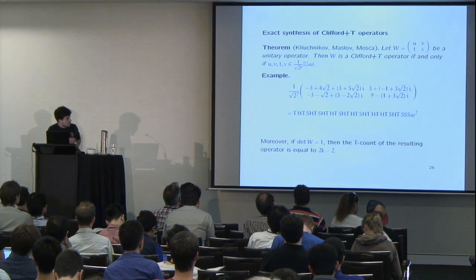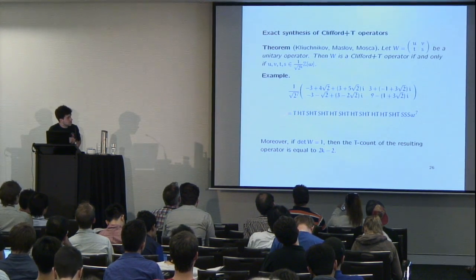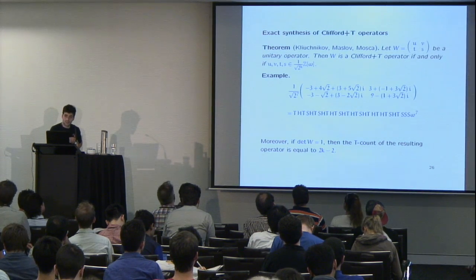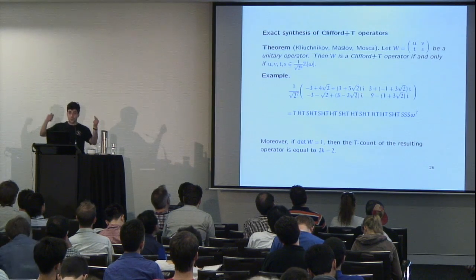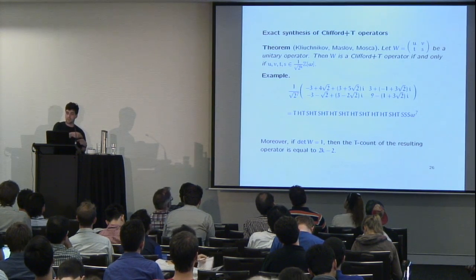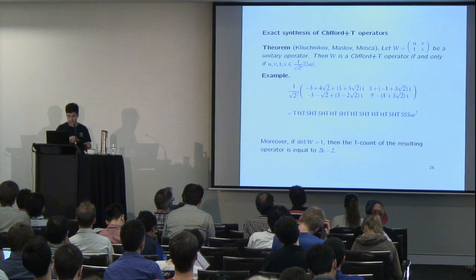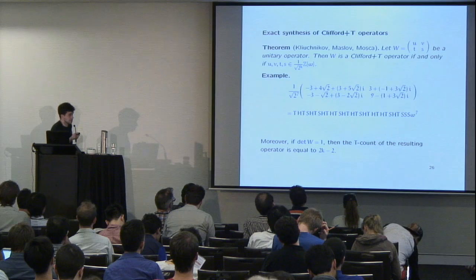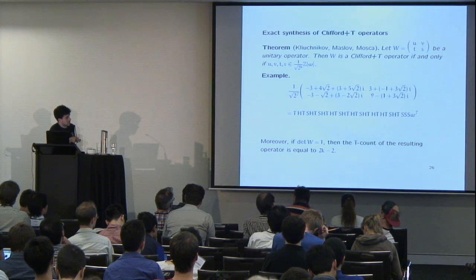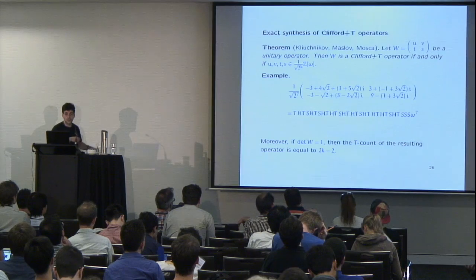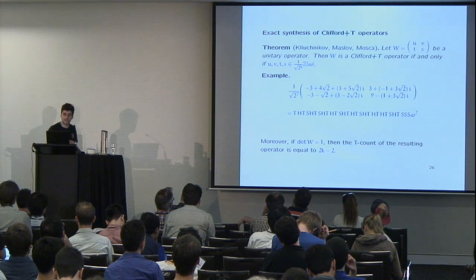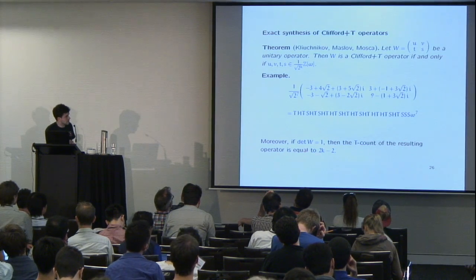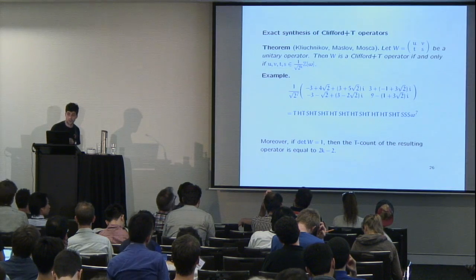What they also showed is that the minimal T count to represent a given operator is a function of this k, so you could essentially read the T count off the presentation of the matrix. I mention, because this is the case that's going to interest us, that in the case where the determinant of W is 1, more or less, for all intents and purposes, the T count of the resulting operator is 2k minus 2.